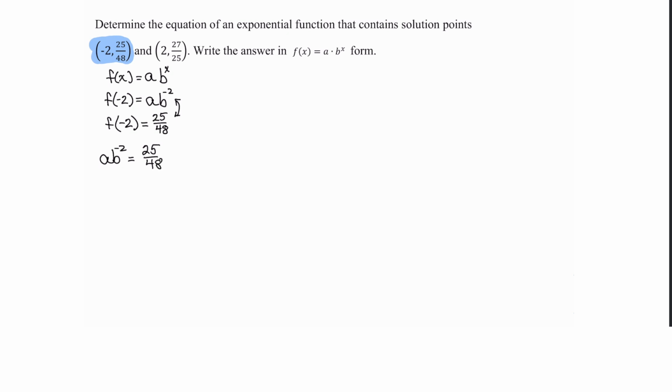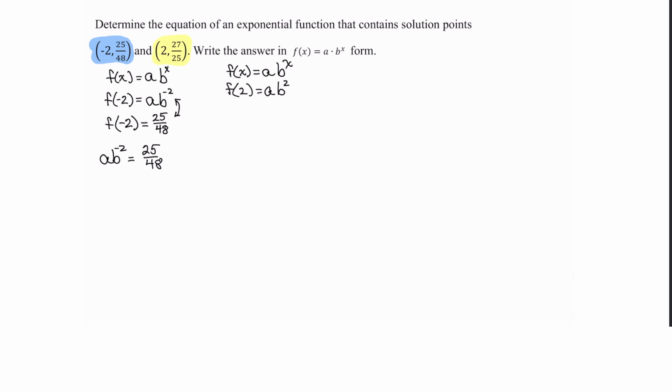Now we are going to go to the other ordered pair and do the same process. So we start with our f of x is equal to a times b to the x. F of 2 is a times, we'll take out the x and put in 2, so a times b squared.